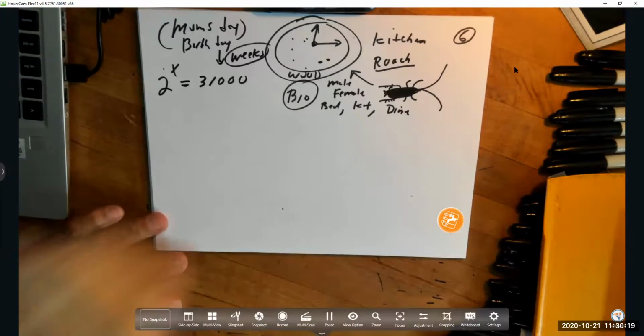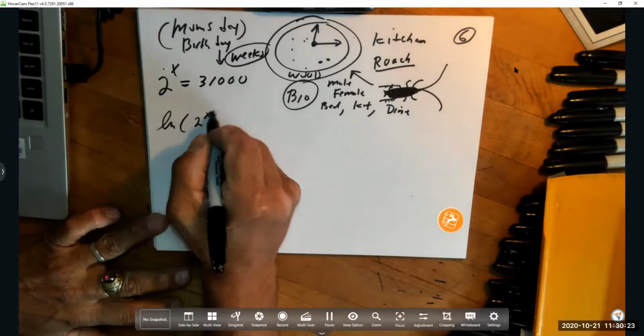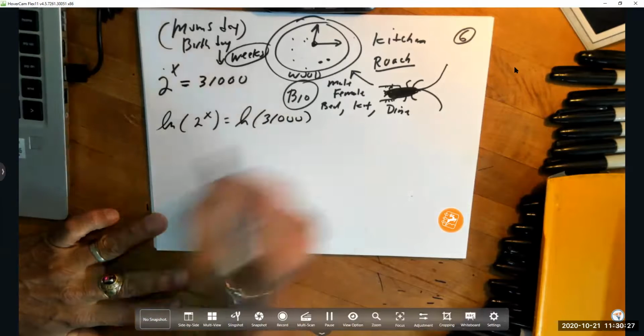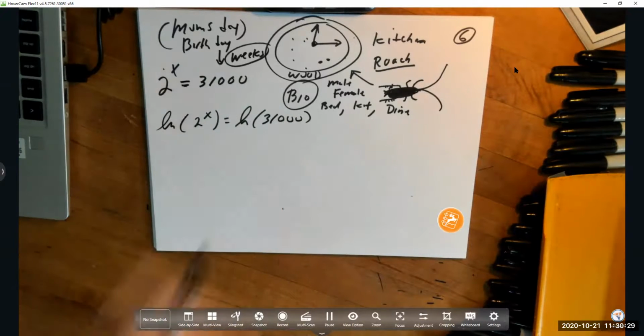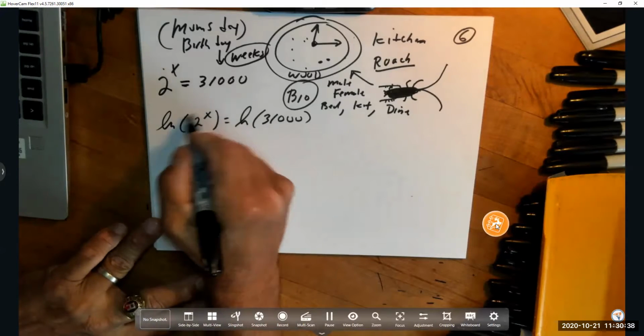So now, the way you solve this one is you take the log of both sides. Is everybody okay right there? Step number 1, ln. And where does the x power go? I put it in front like this.